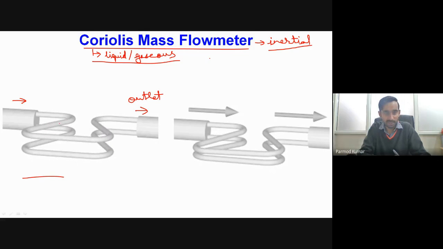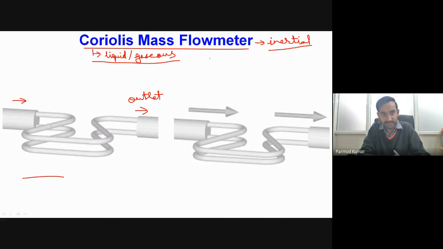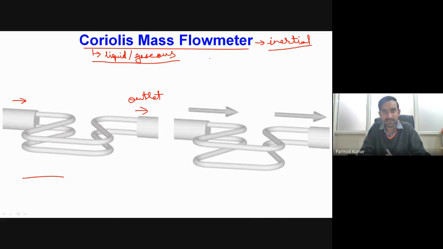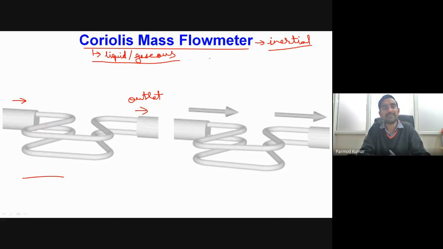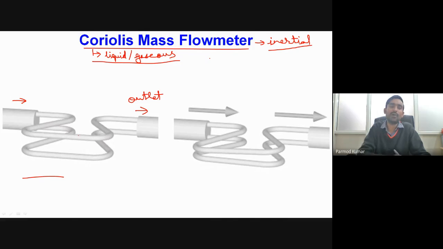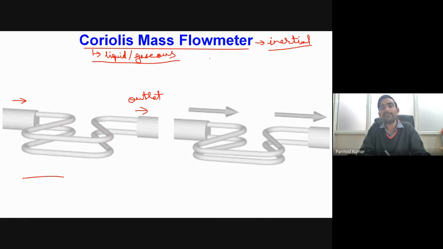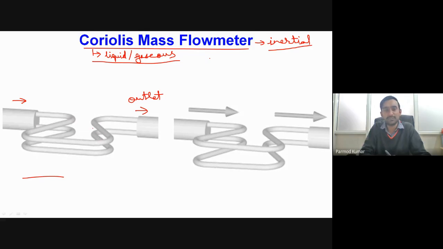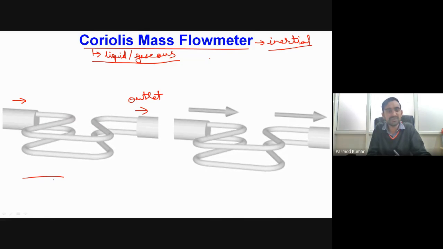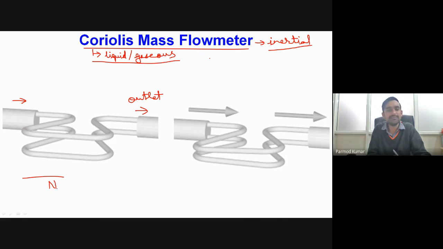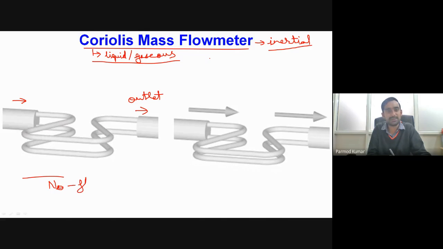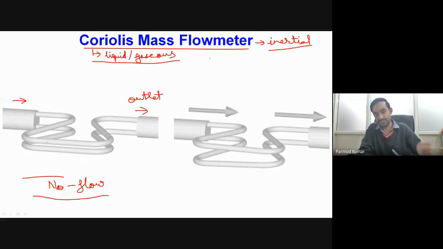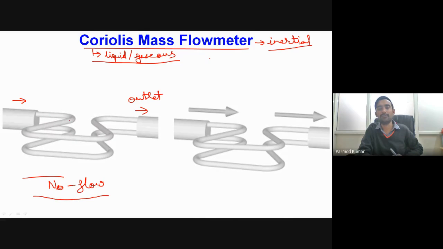In this tube we have two ends, the left end and the right portion of the tube. In this situation both the left as well as the right end of the tube have the same type of oscillations. This is the forced oscillation of the tube medium when we are not having any fluid flowing inside the tube. So this particular situation corresponds to the no flow condition, while fluid is not flowing inside the tube.